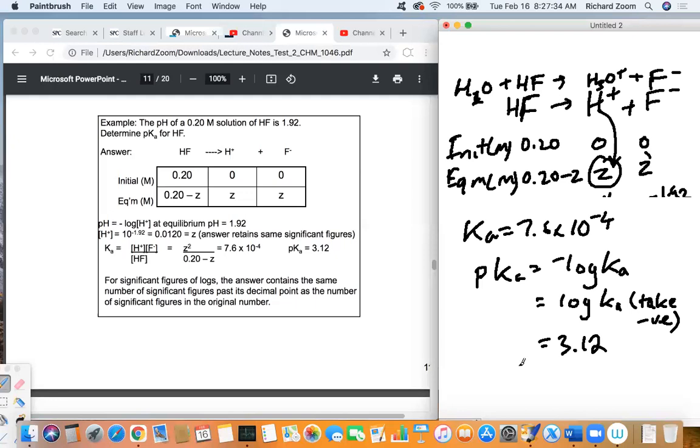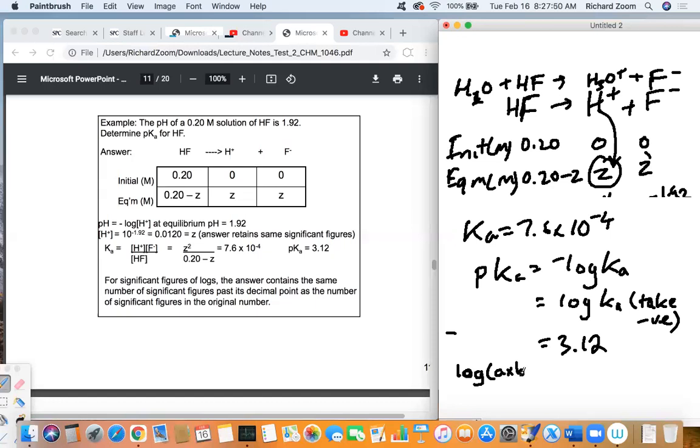Let me talk a little bit about the significant figures here. Now, when you take a log, let's have a jog down memory lane here.